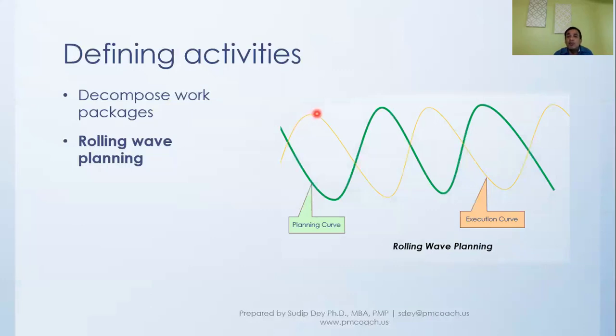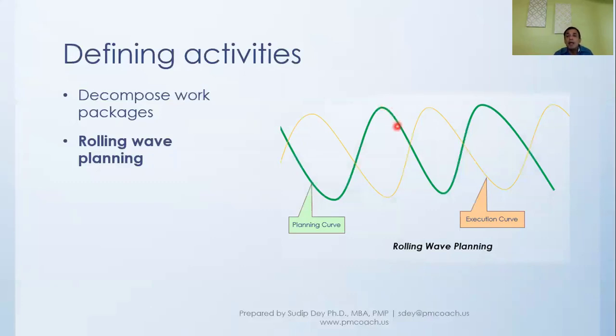At this point, when the execution activity is at the peak, we have done all the execution or almost all the execution, and it is time to start planning again. So we pick up on planning activities, at which point the execution will keep on coming down. And when planning reaches the top, it means we have now planned and we are ready to start executing.